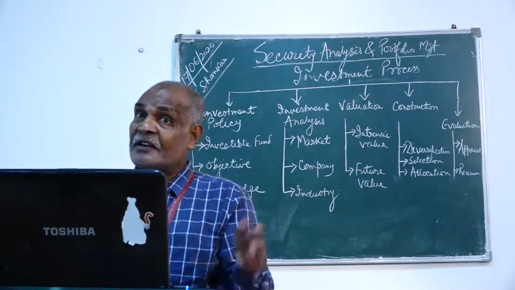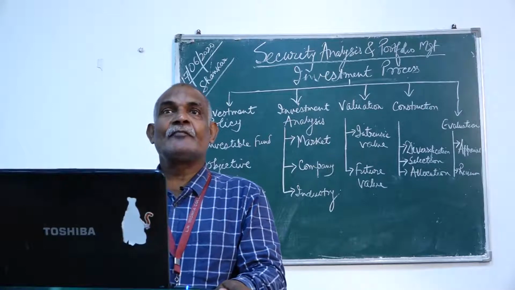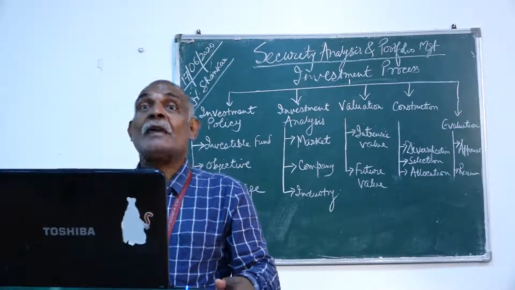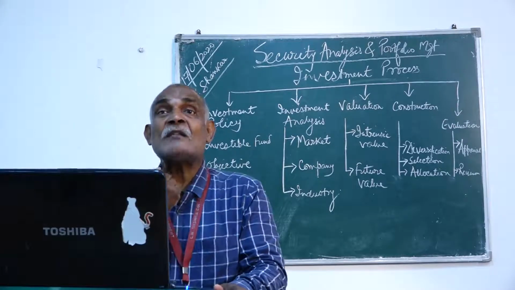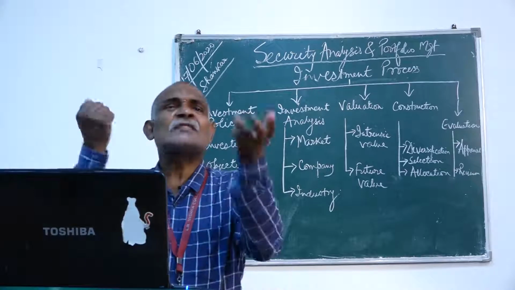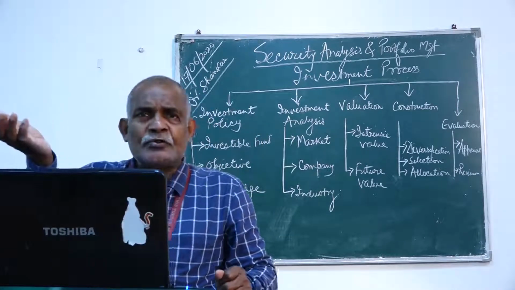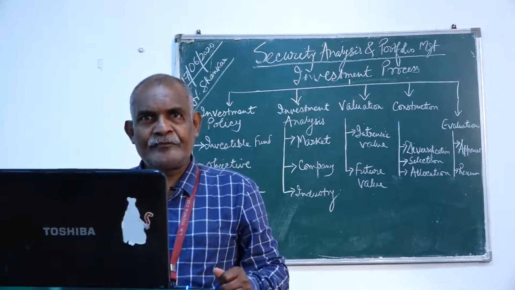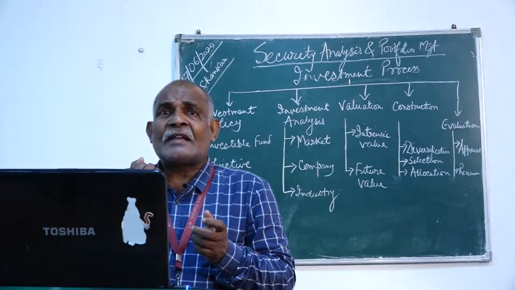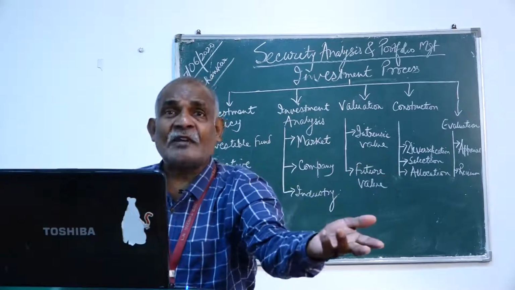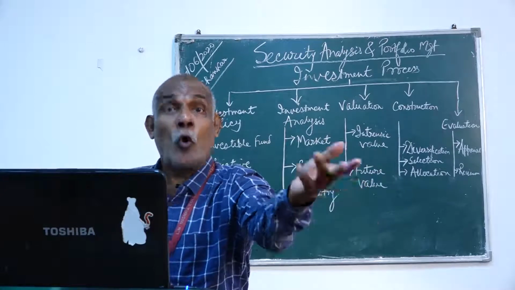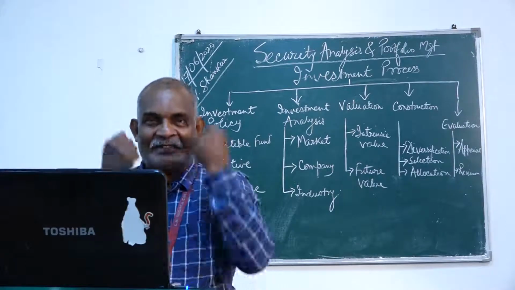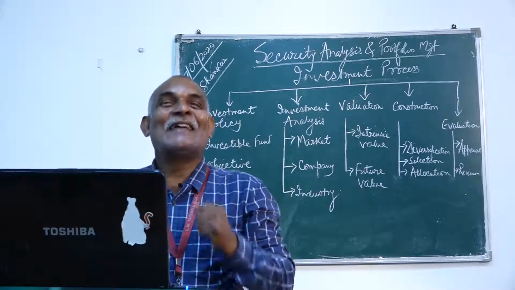The funds may be generated through savings, which you save from your salary, or maybe you borrow funds from somewhere for which you pay interest, suppose 10%, to the bank. So you borrow fund from the bank at 10%, and you invest the fund in securities, hoping to get 12%. So I return the 10% and the 2% is my earning.